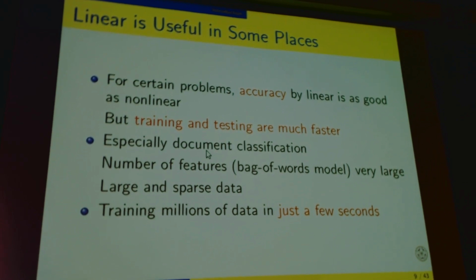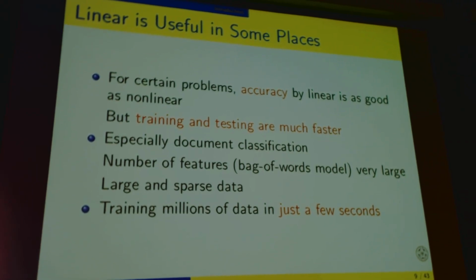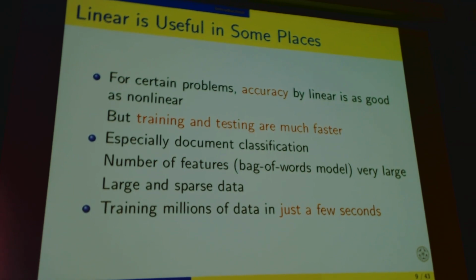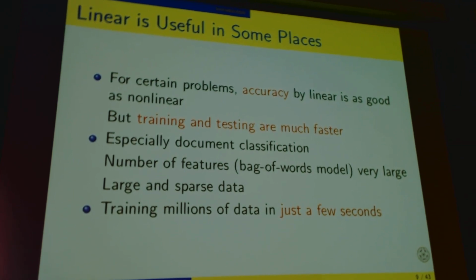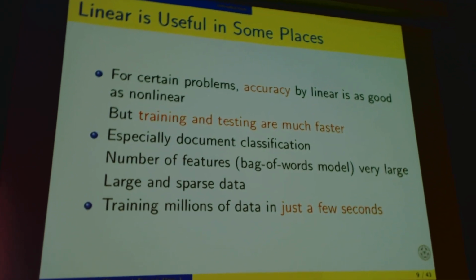For document classification, people in general use the so-called bag-of-words model. That means each feature corresponds to an English word. So you have millions of features, and you have so-called large and sparse data. Each data instance is generated from one document, and this document may have, say, hundreds of words. So among the millions of features, only hundreds of them are non-zeros.